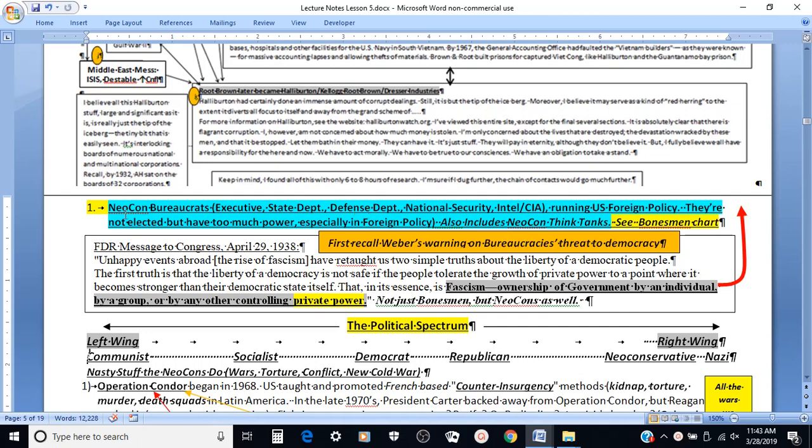All right, which is a threat to democracy. And these guys populate the executive, State Department, Defense Department, National Security. They're all throughout the agencies. They dominate U.S. foreign policy. They're not elected and have too much power, especially in foreign policy.